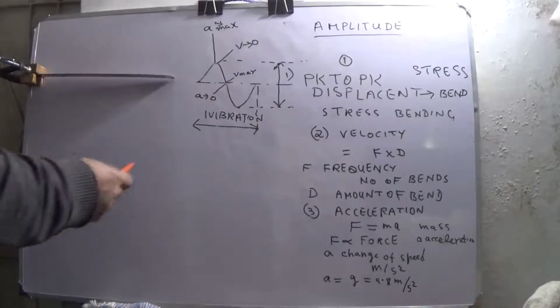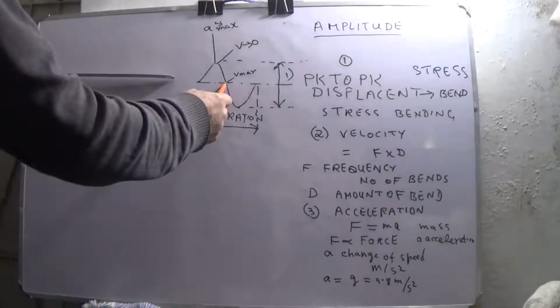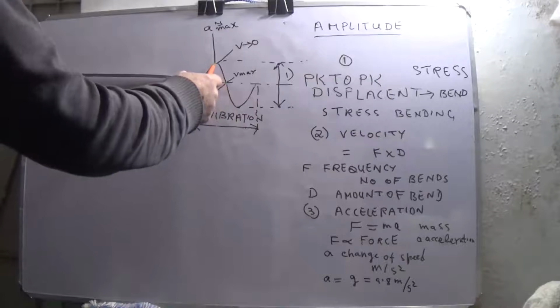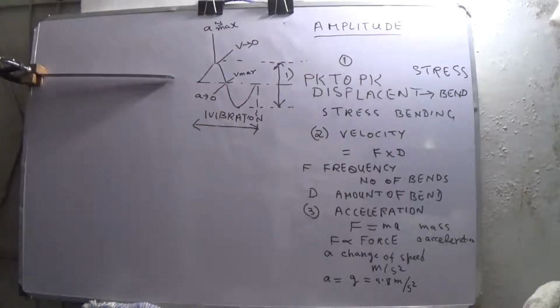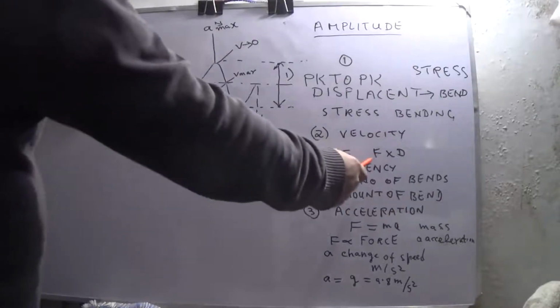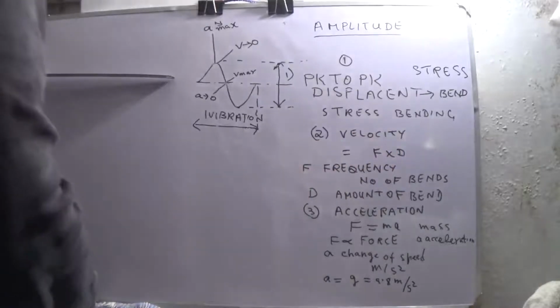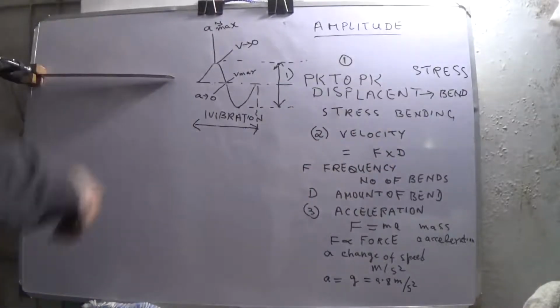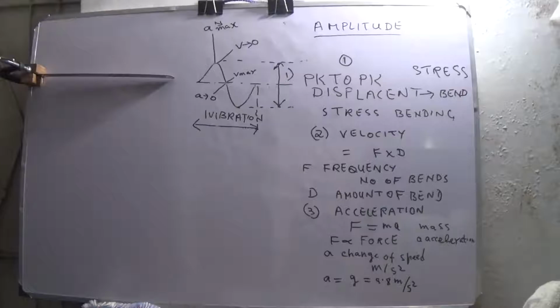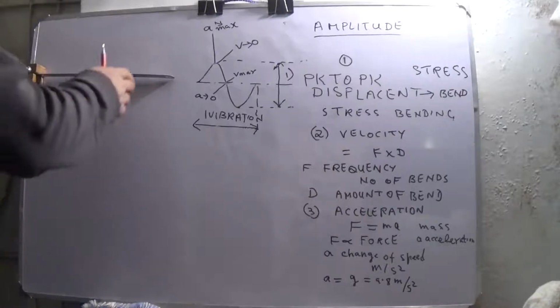In the same way, in the center the acceleration is 0, and at the extreme points the acceleration is maximum. Velocity is equal to frequency multiplied by displacement.